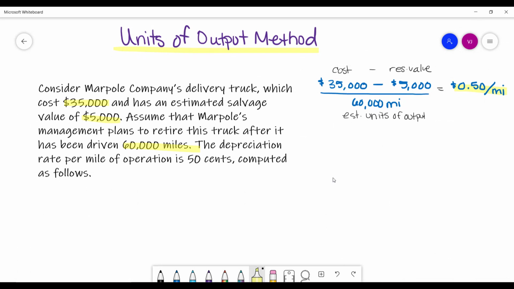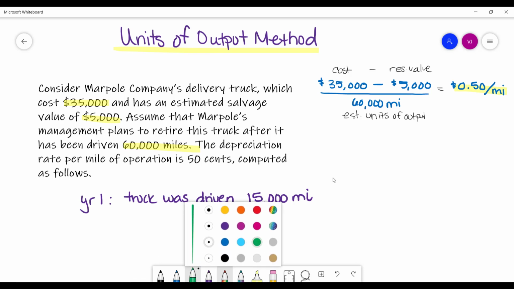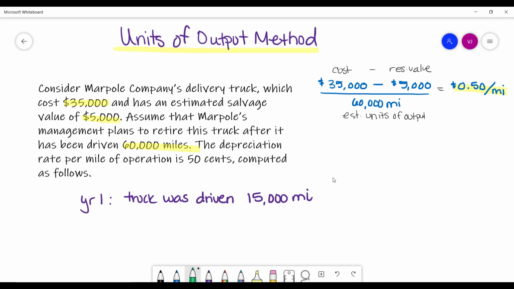Say, for example, we're at the end of year one, and at the end of year one, the truck was driven 15,000 miles. Now we're going to use the depreciation rate that we've determined to find out how much depreciation expense to record in year one for this delivery truck.